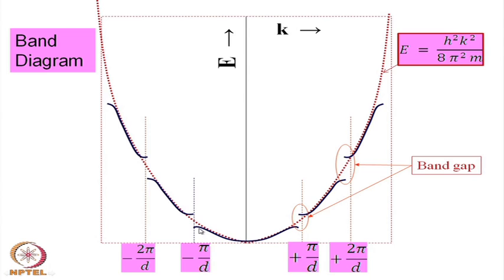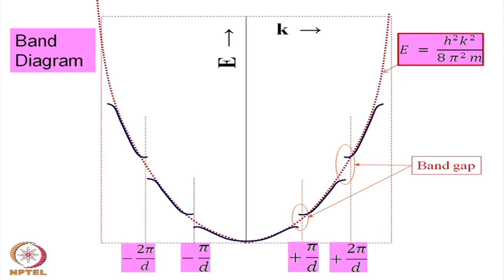Now, there is one gap here and one gap here. So, we have to understand which one is more important to us or which one actually controls. All of them do not control the property; mostly one of them controls most of the properties, and that depends on how many free electrons are available in that system, and how many bands are available.